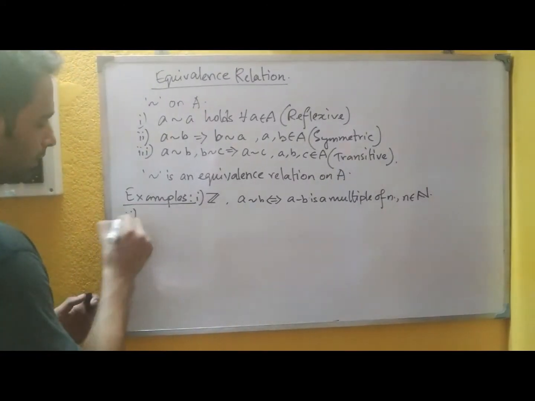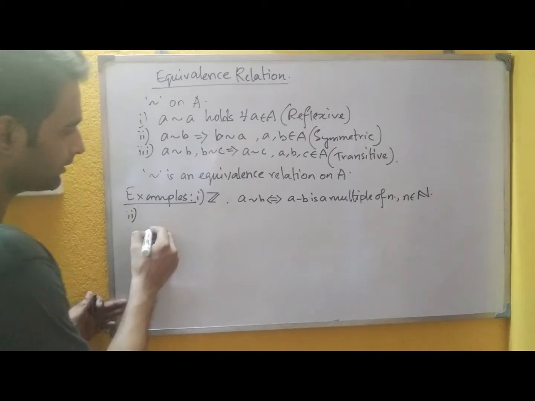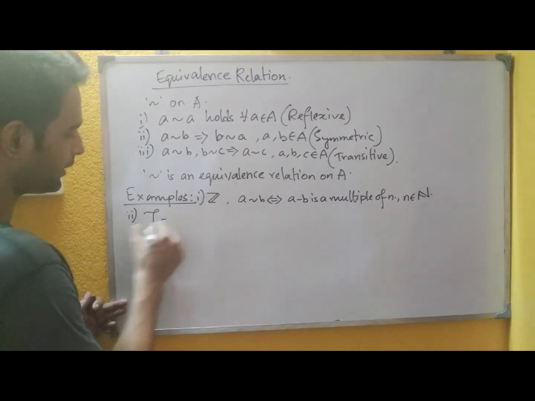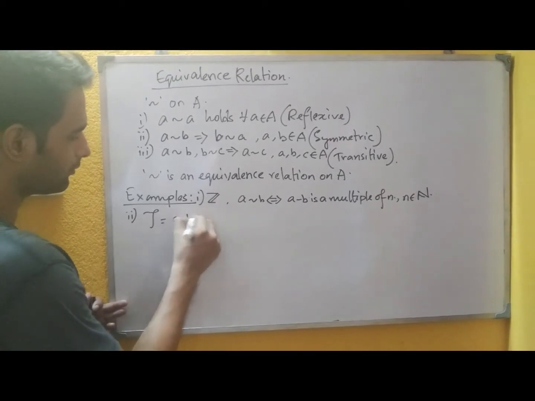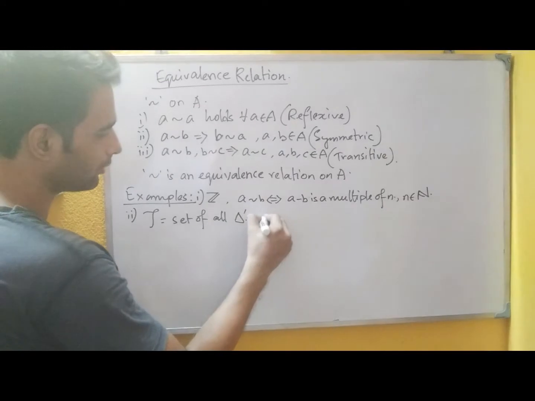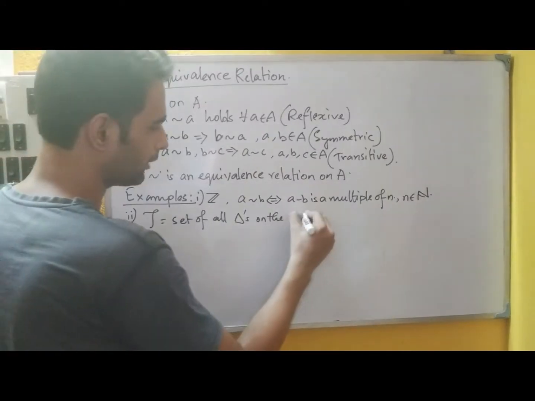Number 2, say we are taking the set T, script T, as the set of all triangles on the two-dimensional plane.